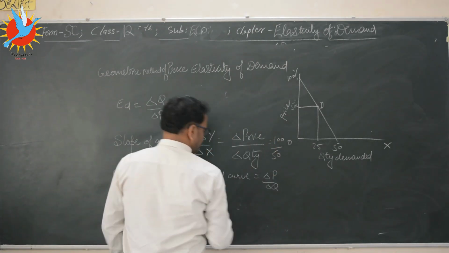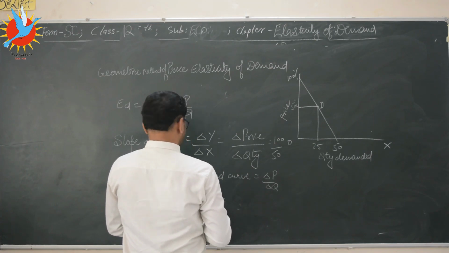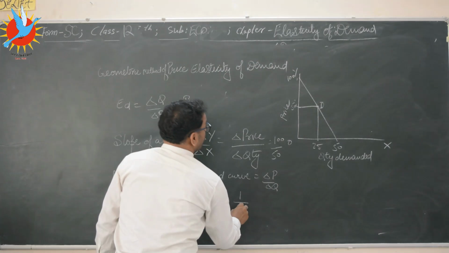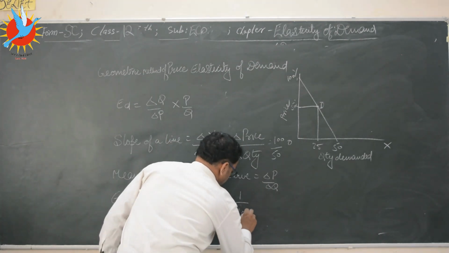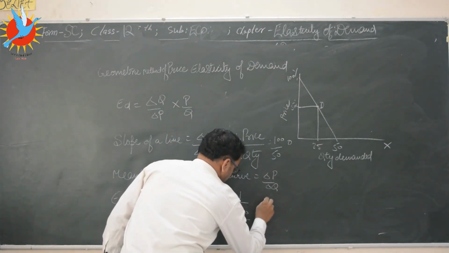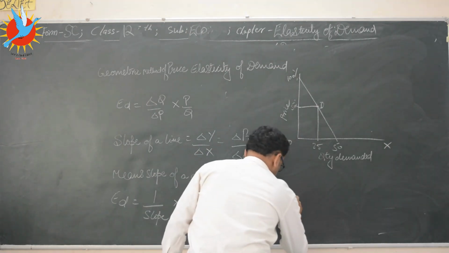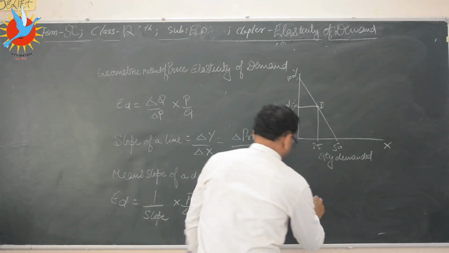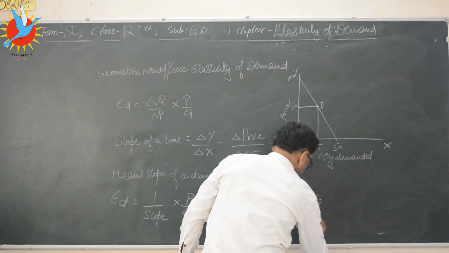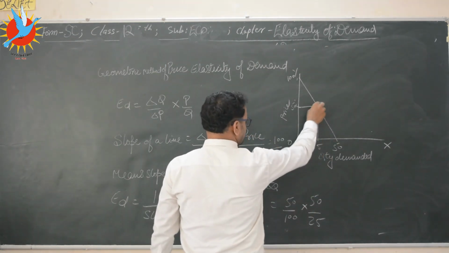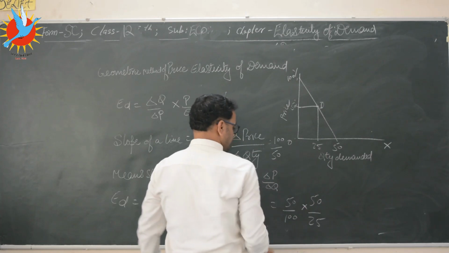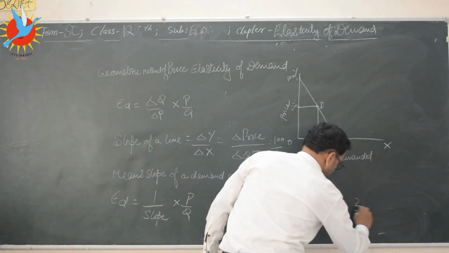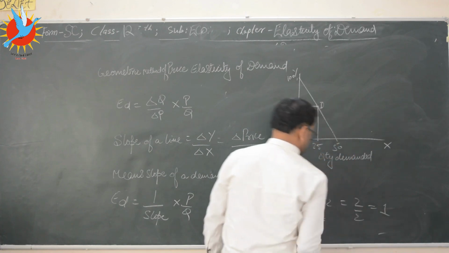So we can write 1 upon 100 upon 50, so it becomes 50 upon 100 into price is 50 and quantity is 25. At point D, price is 50 and quantity is 25. So 2 by 2 is equal to 1.